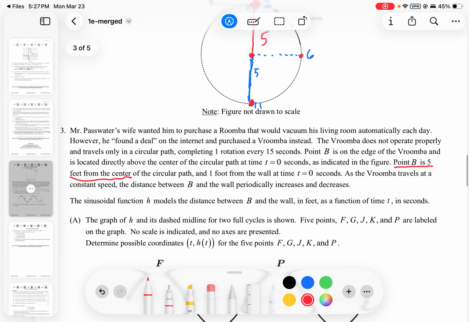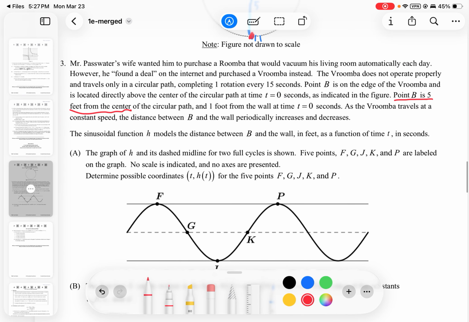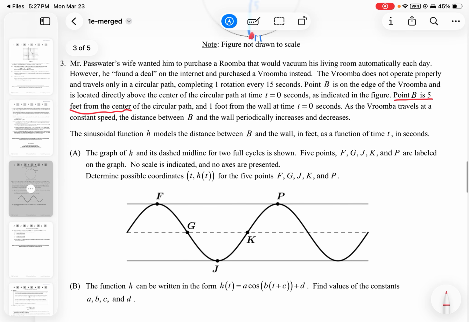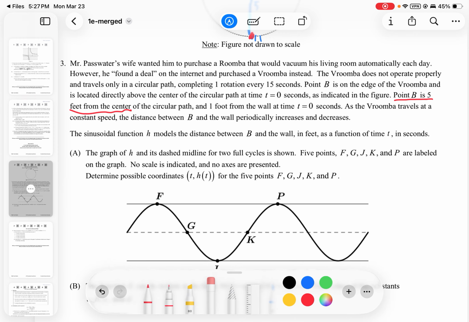This one is a little bit tricky because I'm tempted to call this time 0. But it's not, because F is clearly at a maximum distance from the wall. If I'm starting down here, this would be a minimum distance from the wall at 0, 1.